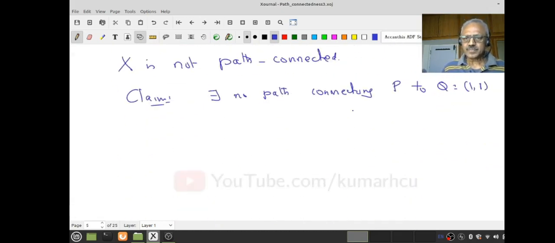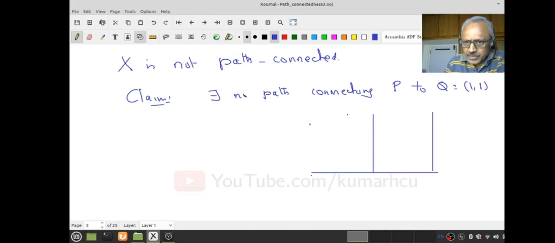Anyway, before going to the proof, let us go very slowly so that you feel confident. Let us look at the picture. Now I am not going to be very precise. My pictures may not look very nice, but don't worry. The point has to be somewhere here.